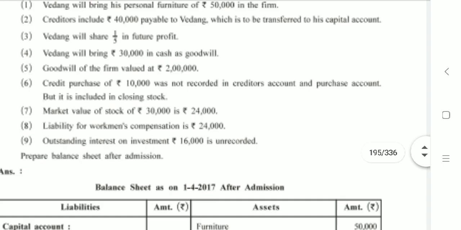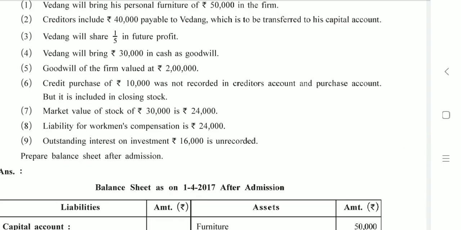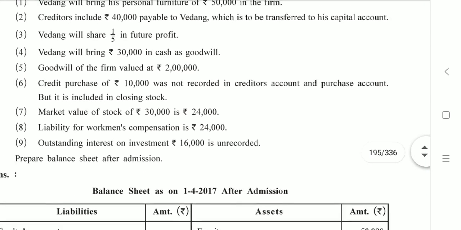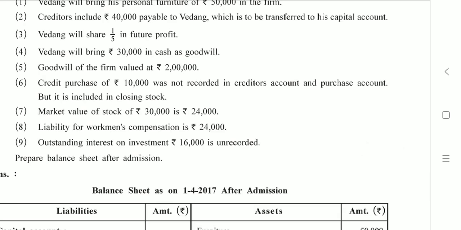And also purchase account is a part of trading account. So all we have to deal with is creditors. So how much amount has not been recorded in creditors? 10,000. Definitely this is an increase in the amount of creditors. What was the last value that we decided for creditors? 40,000 plus 10,000.